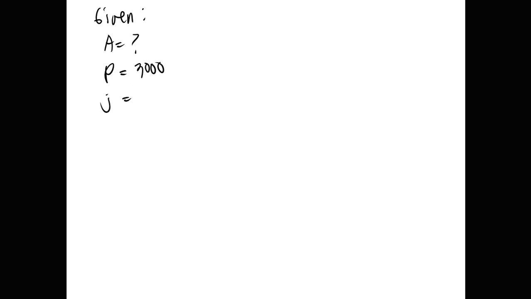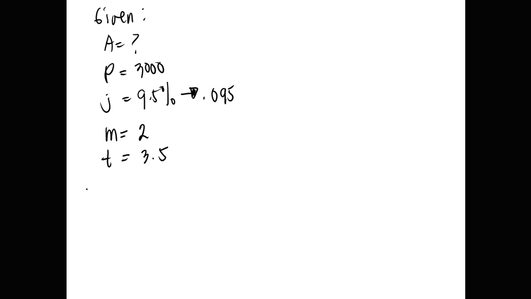Our nominal interest rate is 9.5%. And when we convert it into decimal, this will be 0.095. Compounded semi-annually, we have 2, in 3.5 years. So, 1 divided by 2 is 0.5. So, we have 3.5 years.